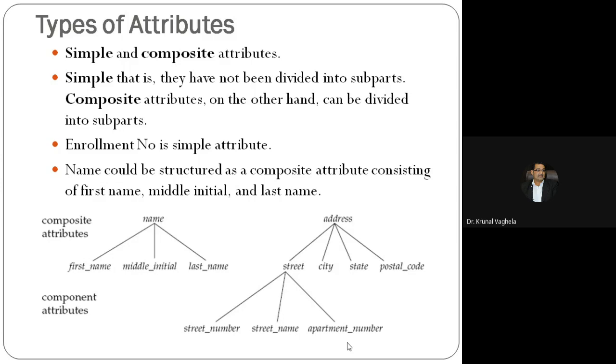Yes. Age, exactly. Age, height, weight, all these are simple, right? Age is some special category. We will come to that. Now, what about composite? Mobile number, right? Country code and number. So simple and composite.